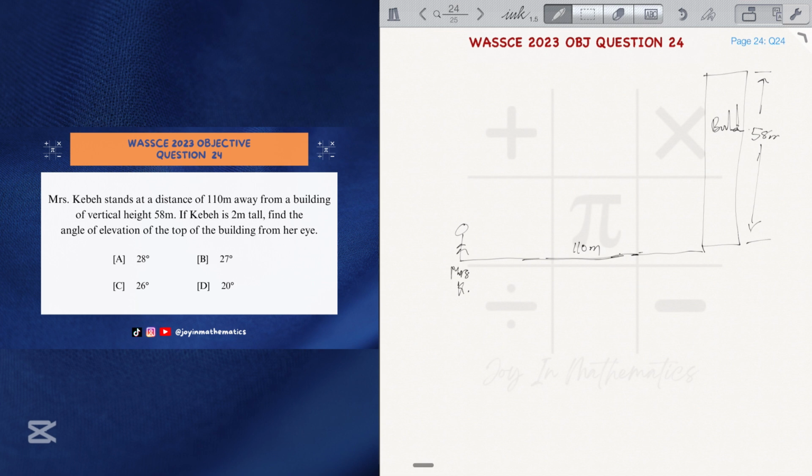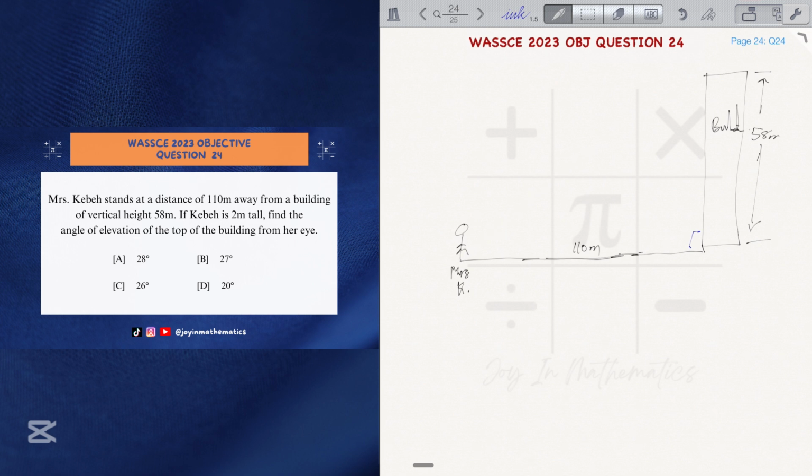Now there is a conditional statement, because on a normal day we'll just complete this triangle since it's right angled in nature, and find the angle of elevation theta. But there is a condition here. Remember that the angle of elevation starts from the point of view.